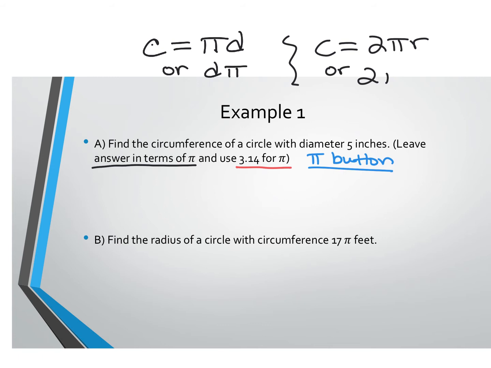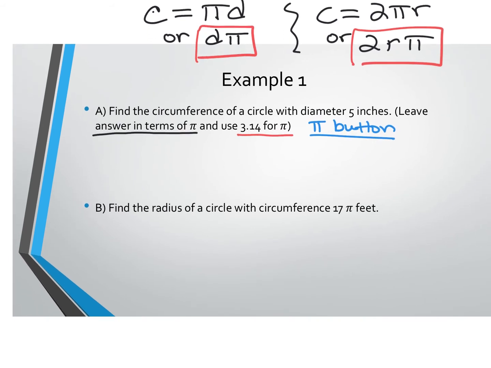I'm going to multiply the radius by 2 first, and then put the pi symbol. These 2 right here are good if you're leaving it in terms of pi. So for example, when I do the first example 1a, left in terms of pi, the circumference, I'm using diameter times pi. So the answer here is just 5 pi inches.